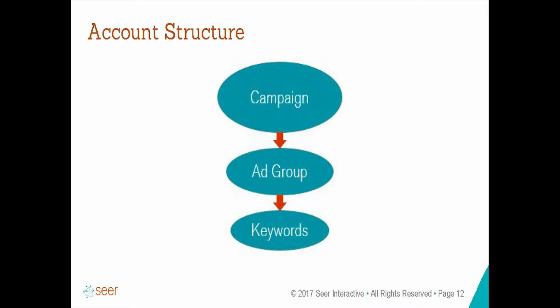Then you would group related keywords into what we call an ad group. They're called an ad group because they're a group of keywords that will all serve the same ad. So, using Philly Paws again as an example, if I'm running an adoption campaign, I might have a cat adoption ad group, a dog adoption ad group, and just a general pet adoption ad group.